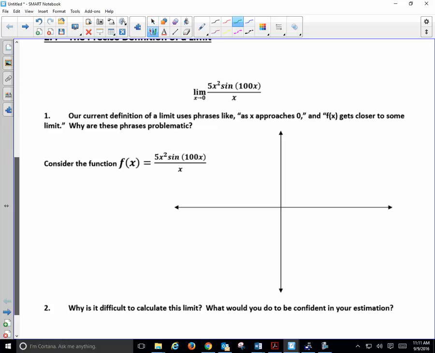And the reason why is this: how close to 0 do we have to get in order to be confident in our limit?